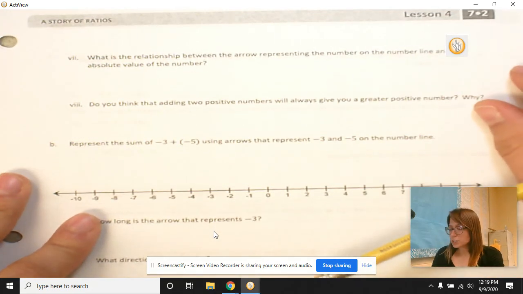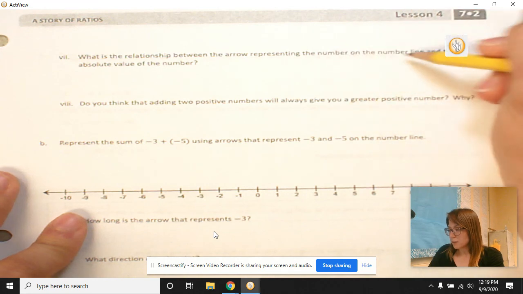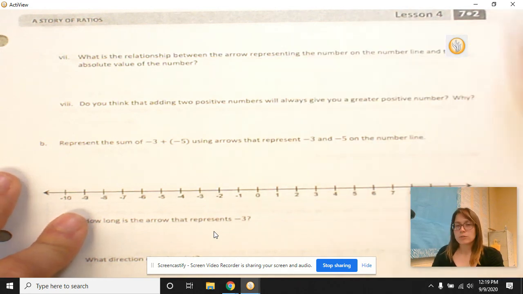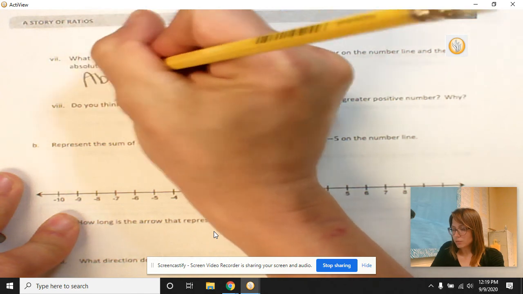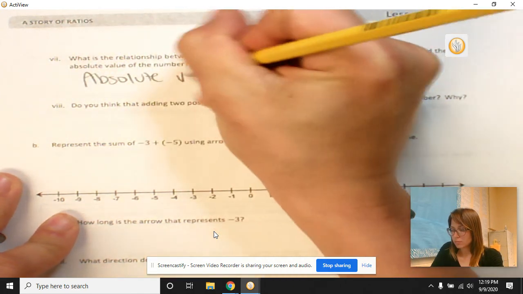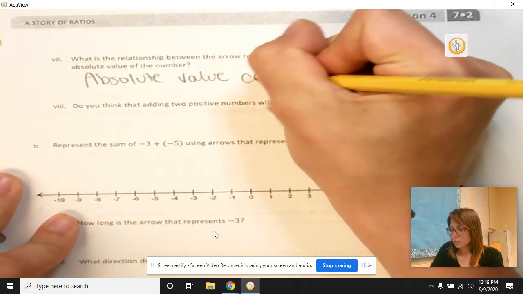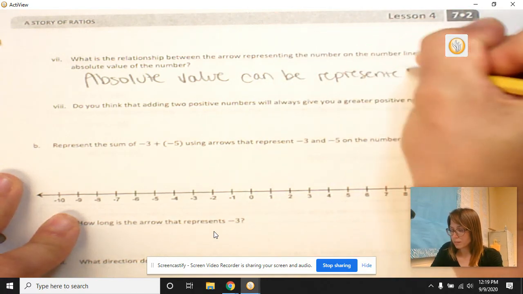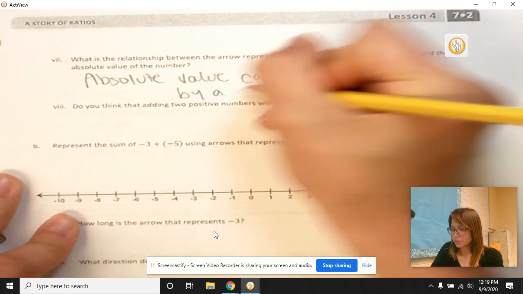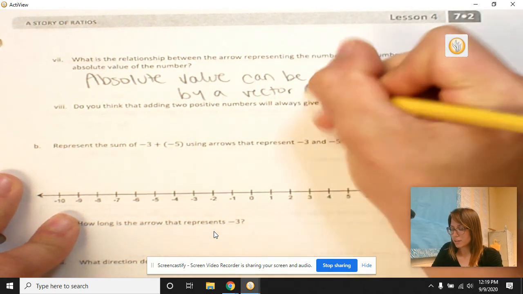What is the relationship between the arrow representing the number on the number line and the absolute value of the number? They keep asking us these same questions over and over to make sure that we understand. So we know that absolute value can be represented by a vector for any number.